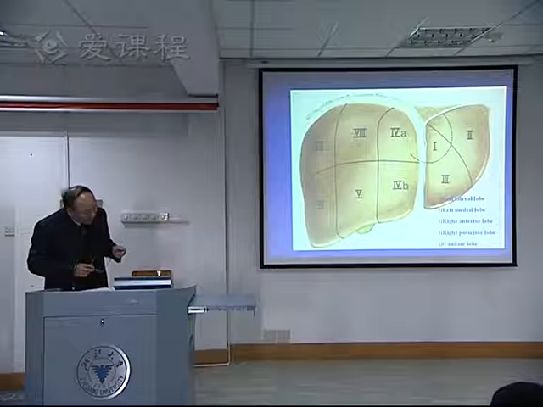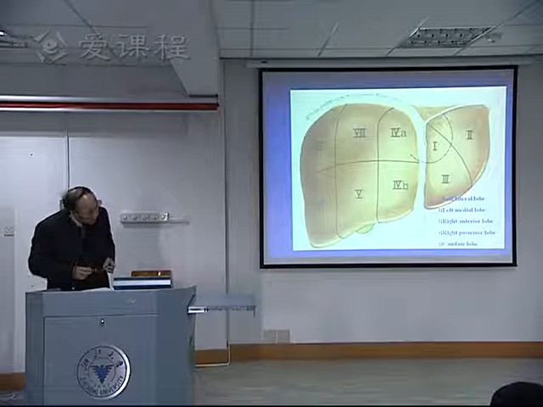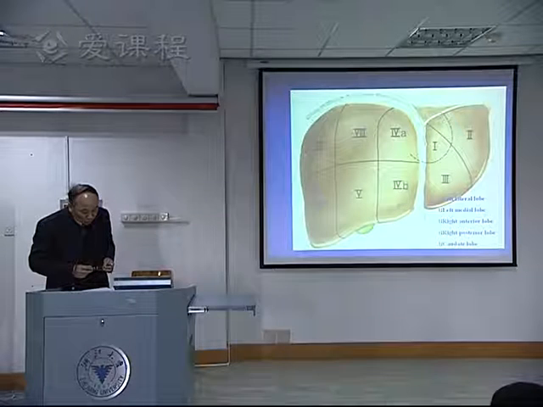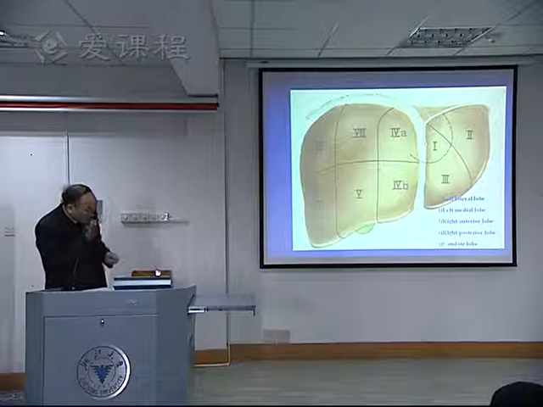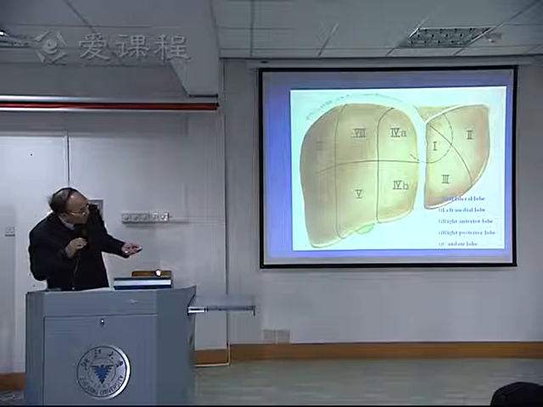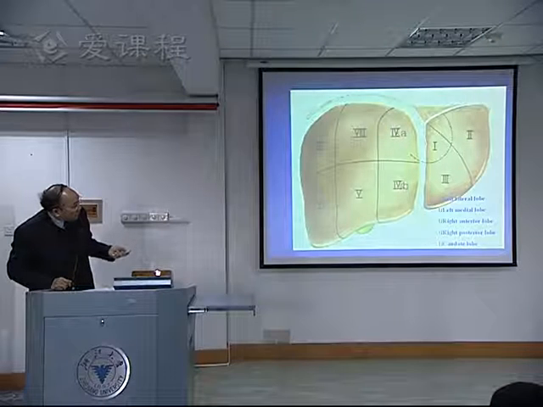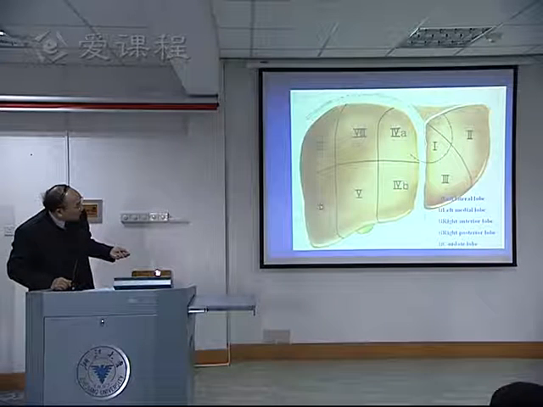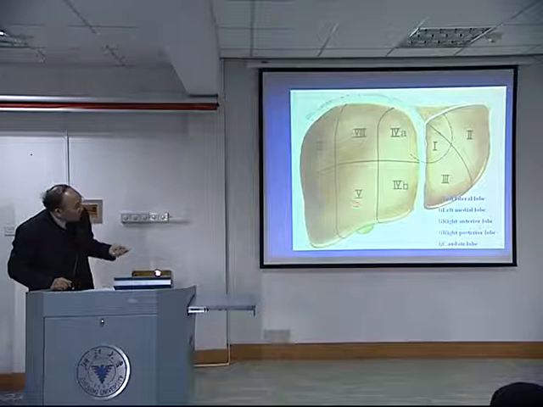The liver is classically divided into 8 segments. Here we show segments 1, 2, 3, 4A, 4B, and 5, 6, 7, 8. Why divide it into 8 segments?